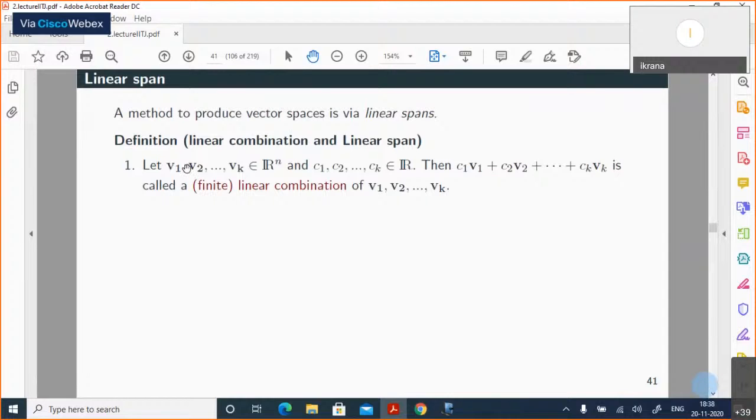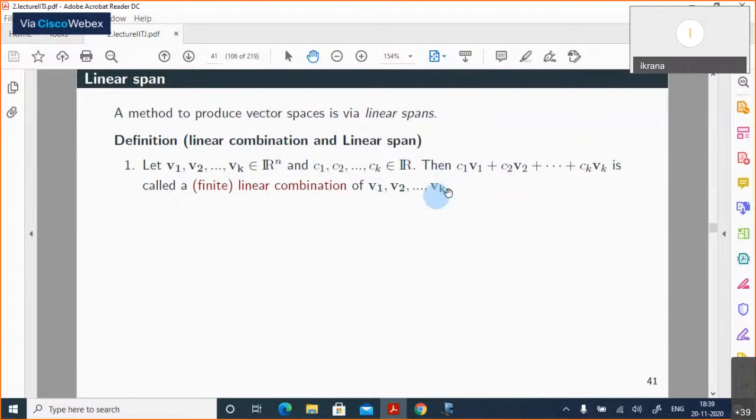We start with the definition: given vectors v1 to vk in Rn and scalars c1, c2, ck in R, look at the combination c1 times v1, which is again an element in Rn, c2 v2, again an element in Rn, and add them all up. That is called a finite linear combination of elements v1, v2, vk in Rn.